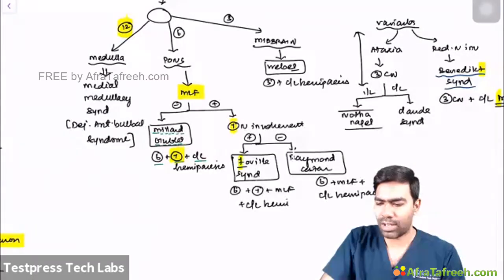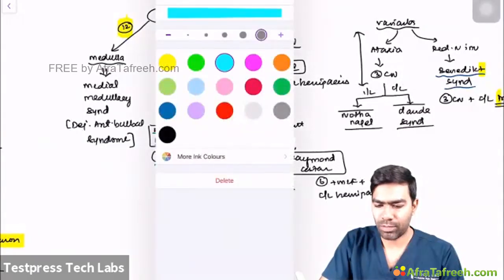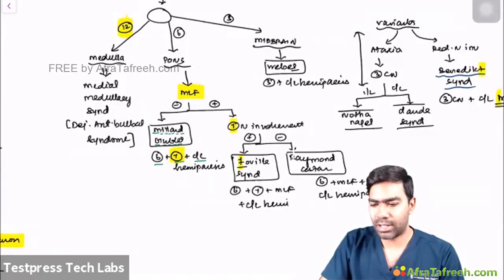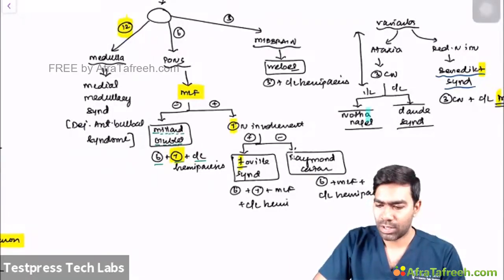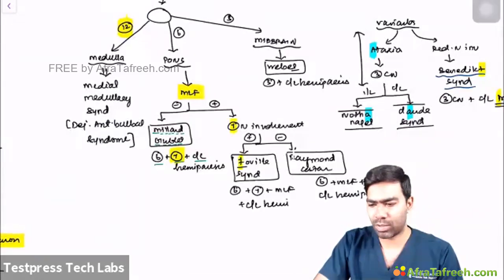And again, you have a mnemonic to understand this easily. Among Weber, Benedict, Nothnagel and Claude syndromes, only Nothnagel and Claude syndrome have A in them. So that's why they are basically ataxic syndromes.